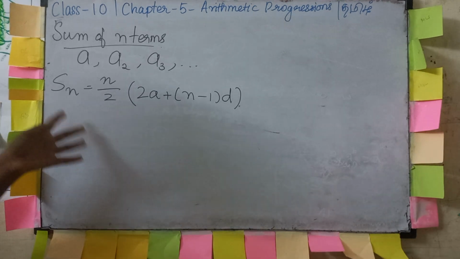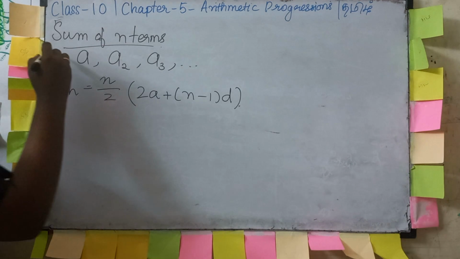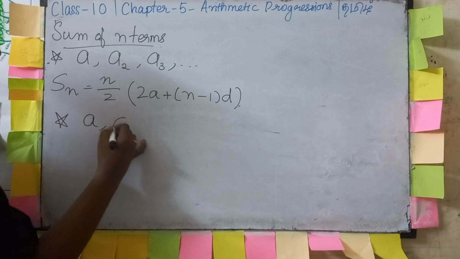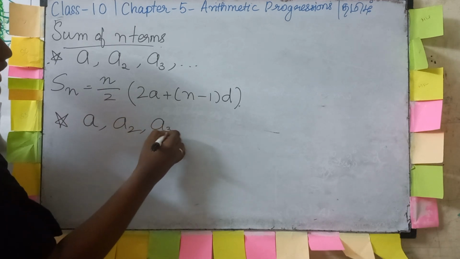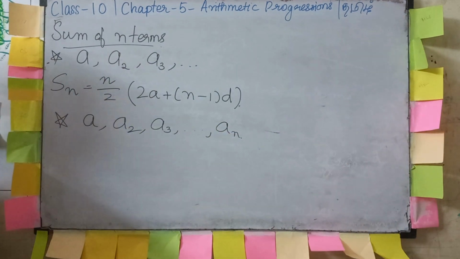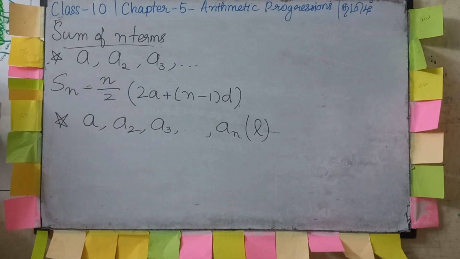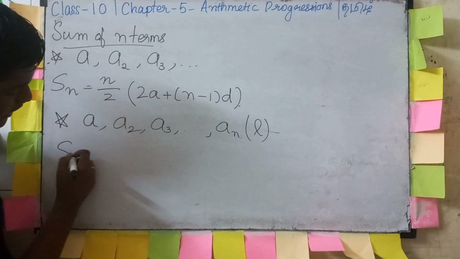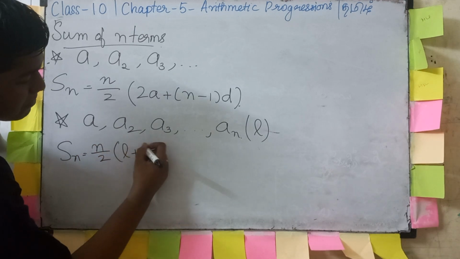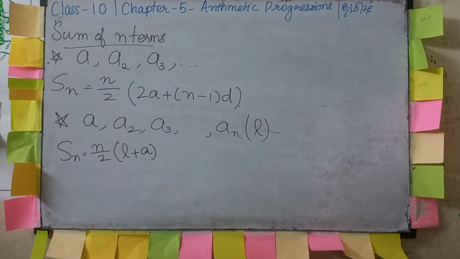This is quite difficult, but I will tell you an easy method. This is the first type. If an AP is of the form A1, A2, A3 and the last term, A n, which is L, is given, then the sum is n by 2 into last term plus first term.